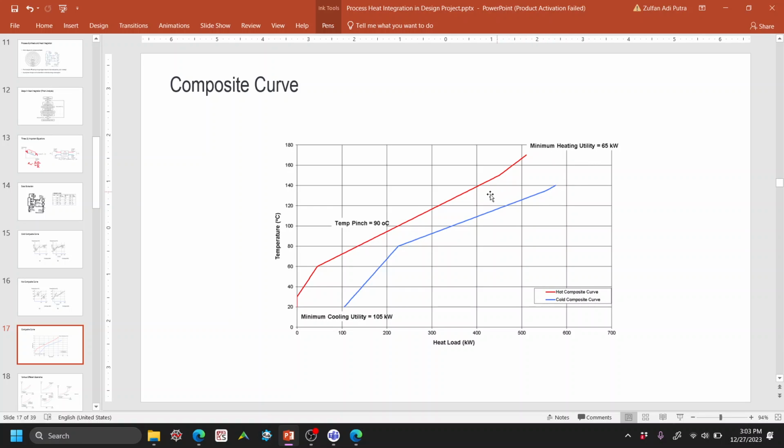We will reduce the heat recovered, but we will have a smaller heat exchanger, right? Because we increase the delta T. Similarly, if we move it to the left, which means we reduce the delta T, we will reduce the heating utility, we will increase the heat recovery, and then we have to increase the heat exchanger area. So that's basically what we can read from these graphs.